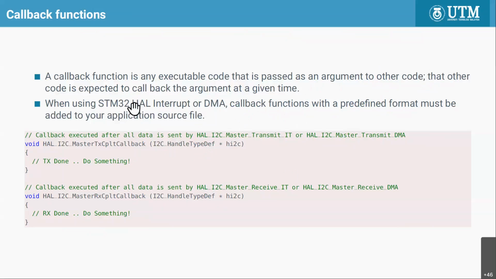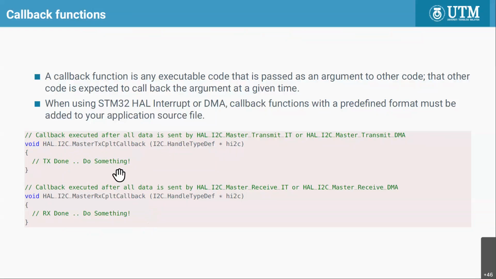When you're using interrupt or DMA, you must use a callback with a special name. You must use master TX complete callback. This is a special format, a special name. You must have a function with this name in your code. Whatever you do inside there you define, but the name has to be standard, exactly like this.